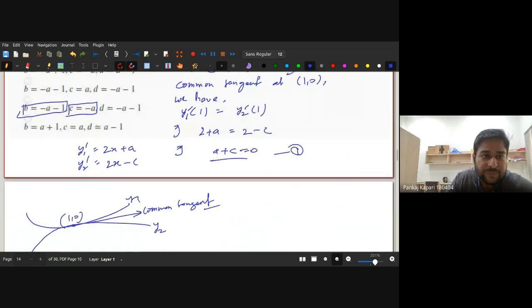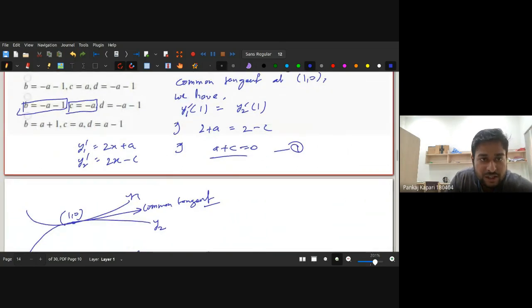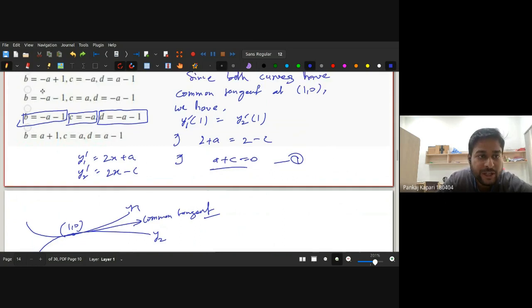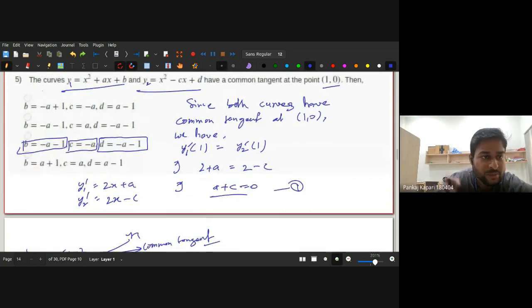So everything is in terms of a. d, c and b are all in terms of a, and a is arbitrary, it can be anything. So these are all the relations between a, b, c and d, so this third option is correct here.